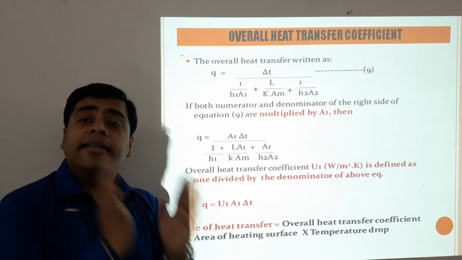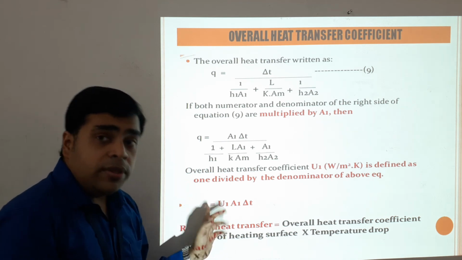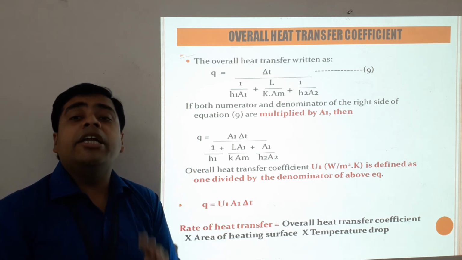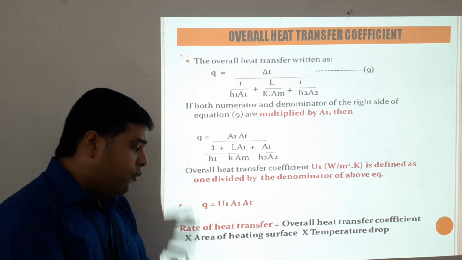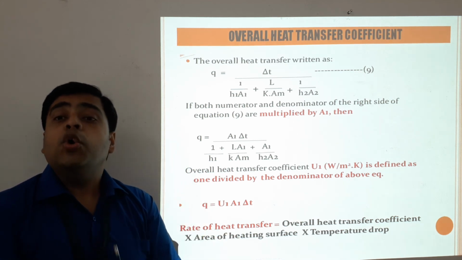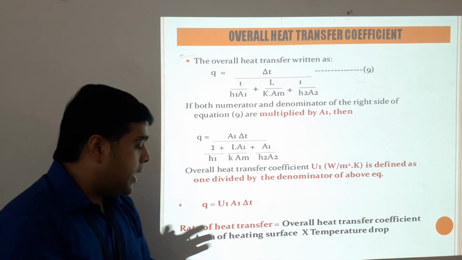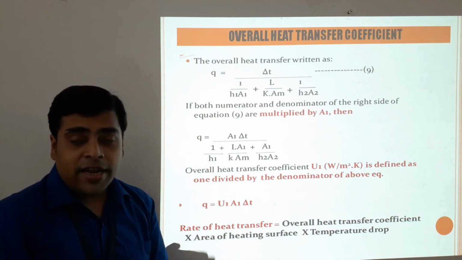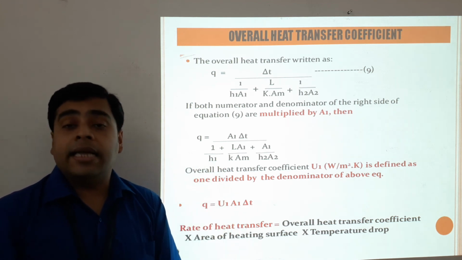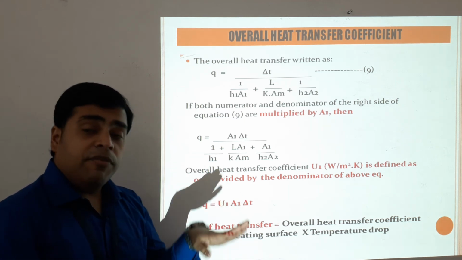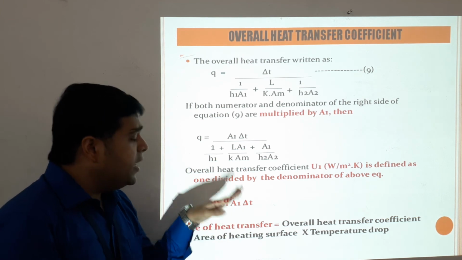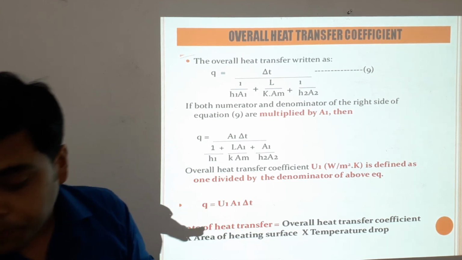So if we can determine the value of Q, that is U1 A1 into delta T, the rate of heat transfer is equal to the overall heat transfer coefficient multiplied by the area of the heating surface multiplied by the temperature drop. So this is the ultimate equation from which we can determine the overall heat transfer coefficient.